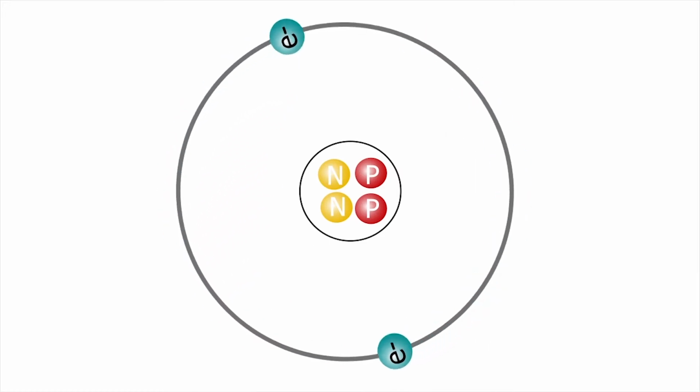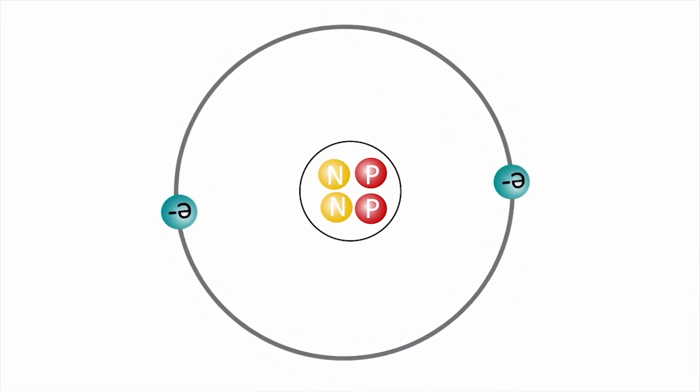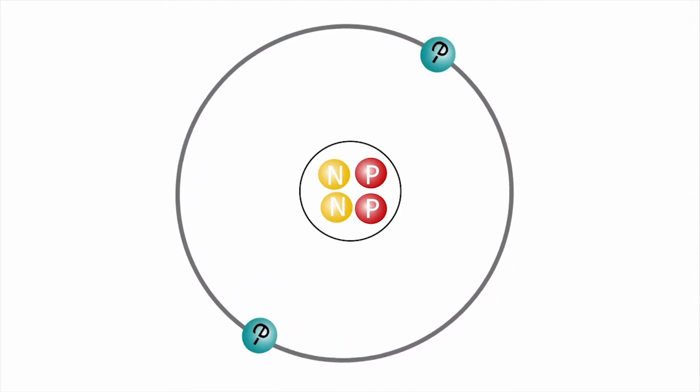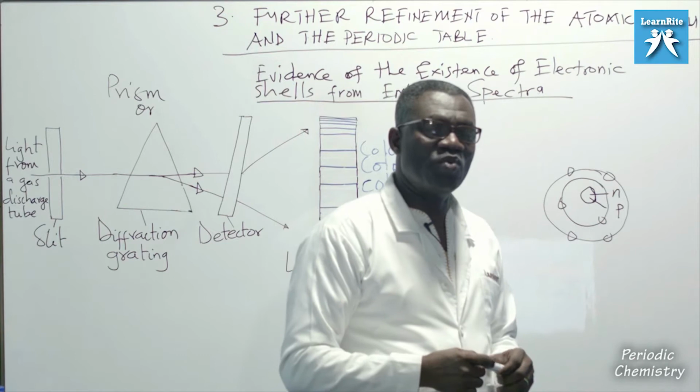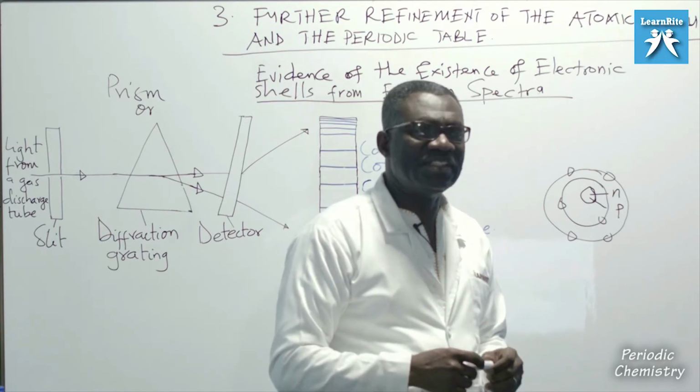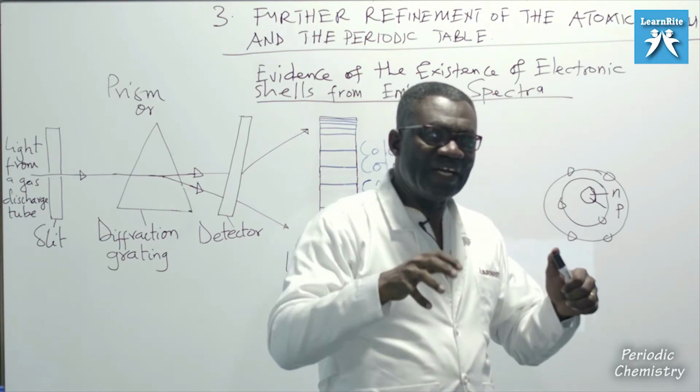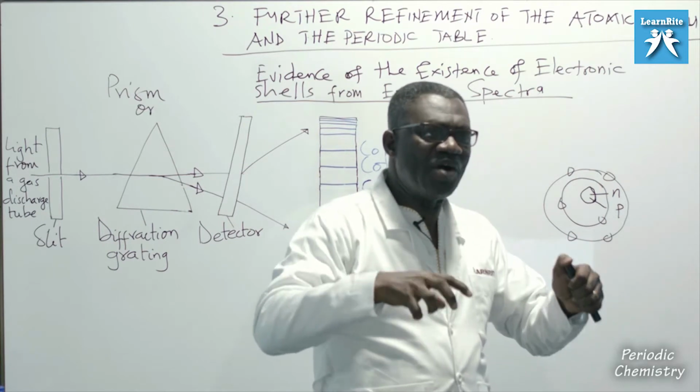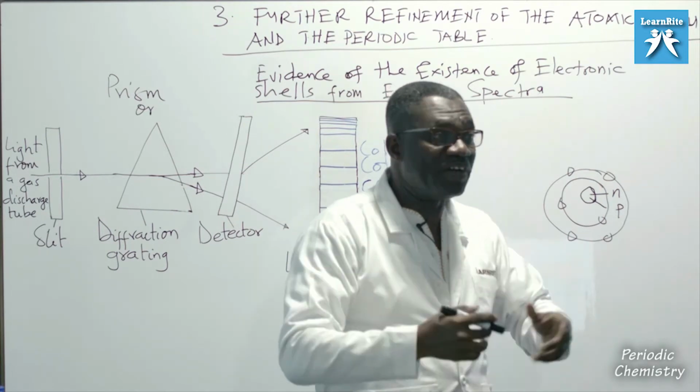He didn't indicate how they were structured around the nucleus. He said they move in orbits around the nucleus. We want to see how the electrons move, where the electrons actually exist, how they exist around the nucleus and how they move.